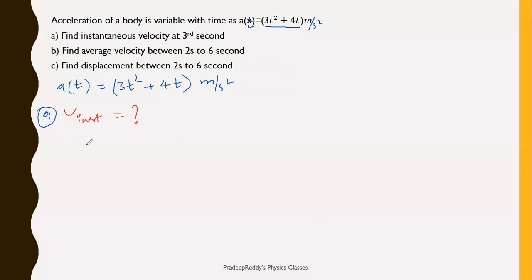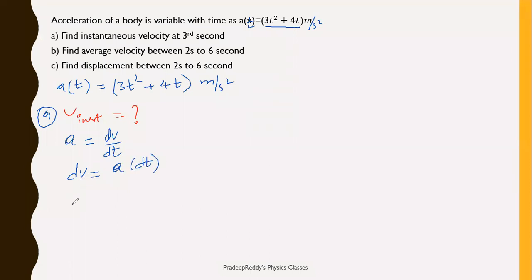Acceleration a is equal to dv divided by dt, right? From here you can write dv is equal to a into dt.